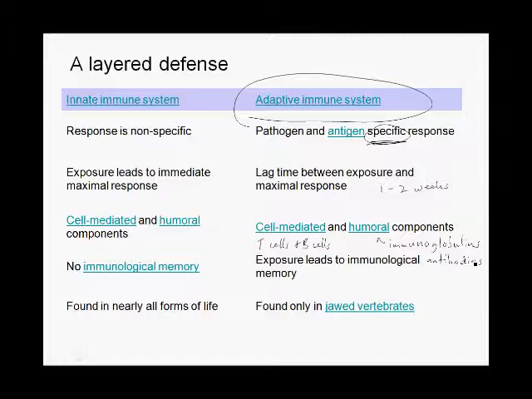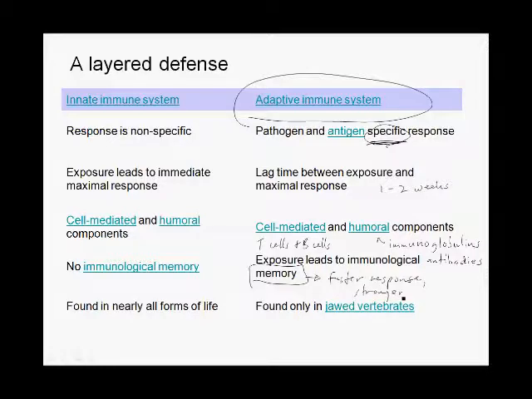The wonderful thing about the adaptive immune system is not only is it specific, but it remembers. It can remember that it has seen a particular virus or bacterium before, and the second exposure leads to a much stronger and much quicker response. So the memory is manifested as faster response, meaning the lag time is greatly reduced and it's much stronger.